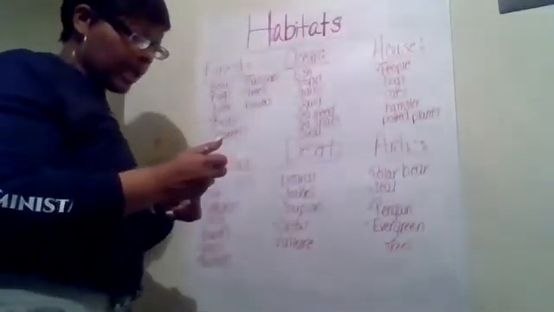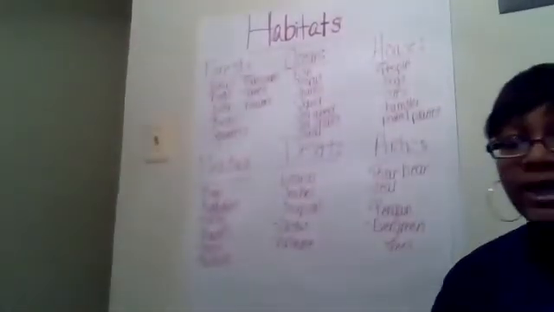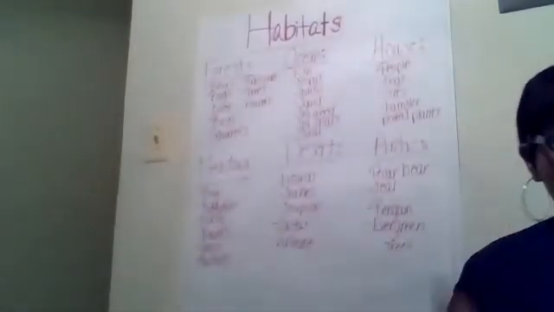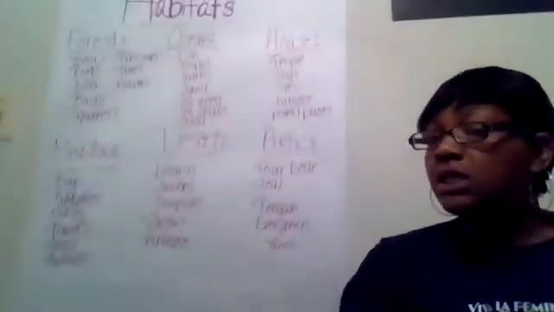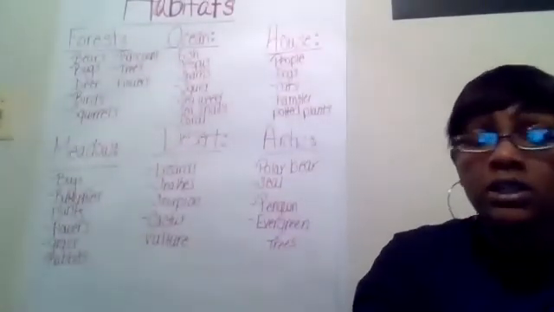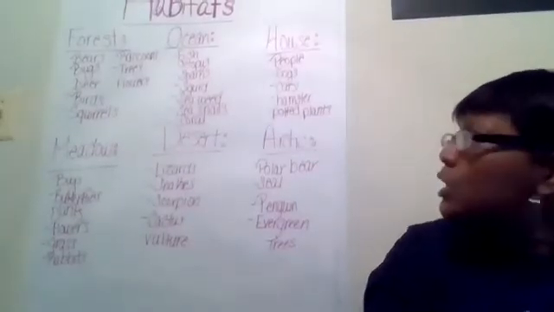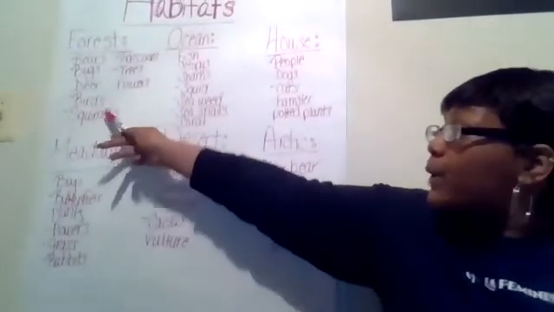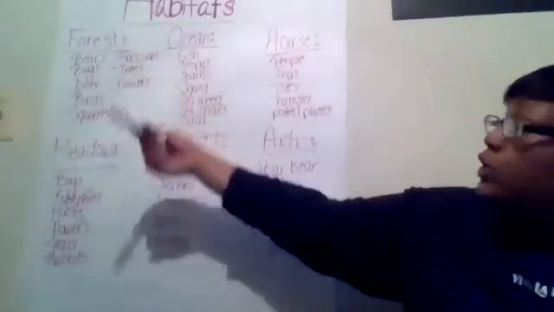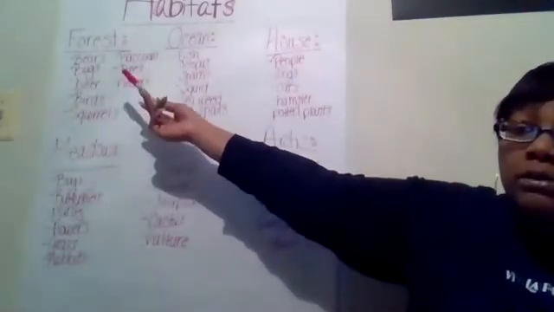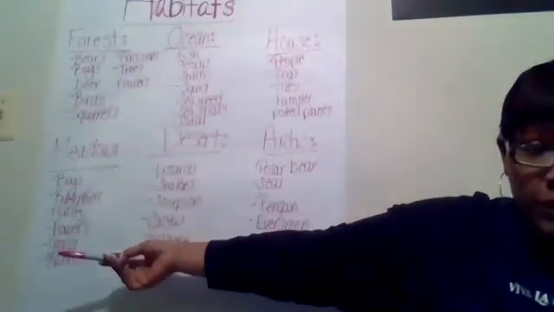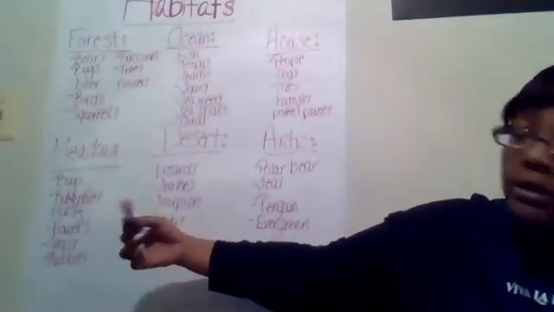So here we have our chart with our different habitats and the different animals that live there. Notice that these animals don't necessarily live in the same exact place. Like in the forest, we have birds, which will obviously be in the trees, but you also have bears. They're not going to hibernate in a tree. I don't think they survive that way.